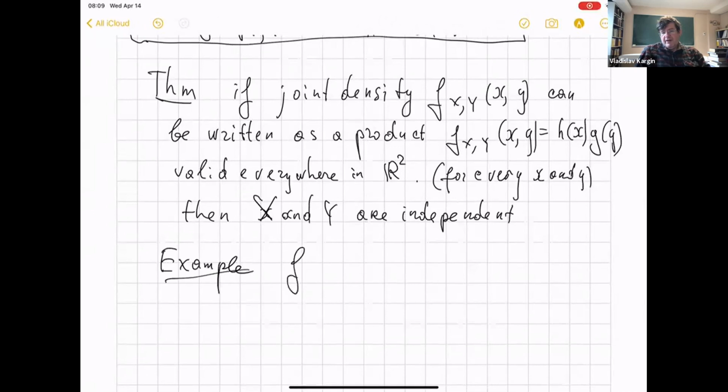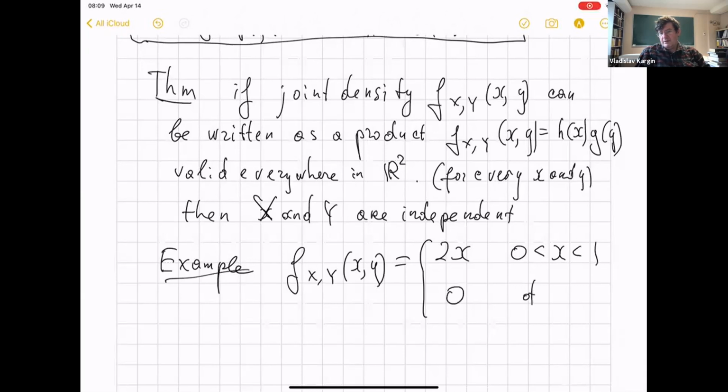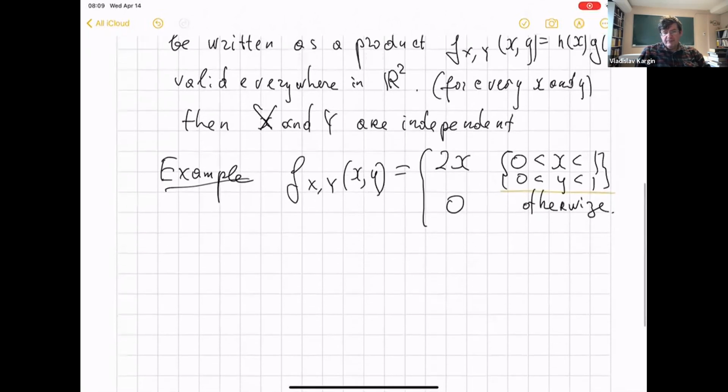Say you have f of x and y equal to 2x if 0 is smaller than x smaller than 1 and 0 smaller than y smaller than 1, and 0 otherwise. So it's equal to 2x in this square.